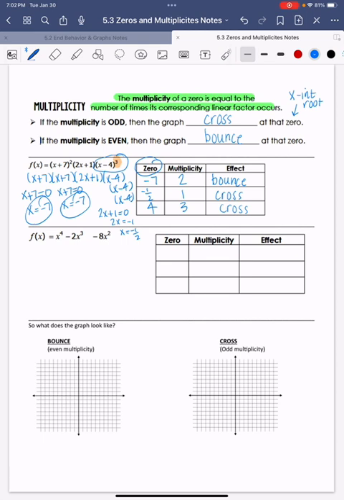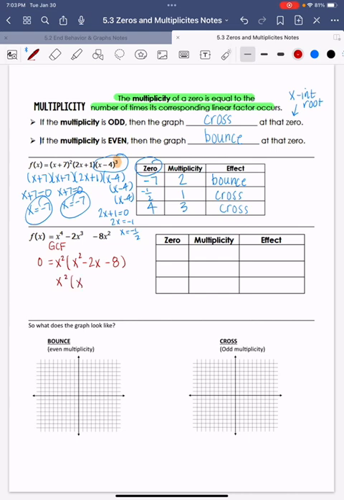This next one, I have to factor it first before I can find the zeros. So I'm going to factor it with a GCF of x squared. And that's going to leave me with x squared minus 2x minus 8. Find the zero, set it equal to 0. Okay, do your diamond.